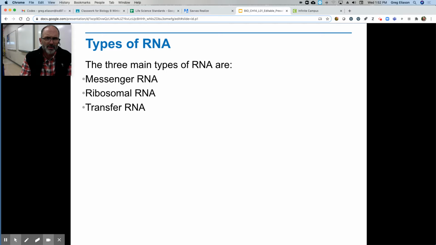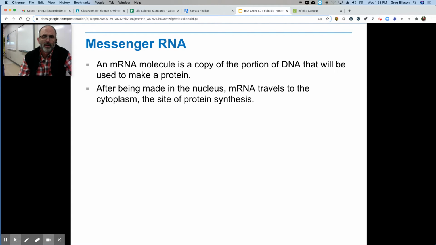We have three types of RNA: messenger RNA, ribosomal RNA, and transfer RNA. The name says what it does. An mRNA is how we denote messenger RNA.